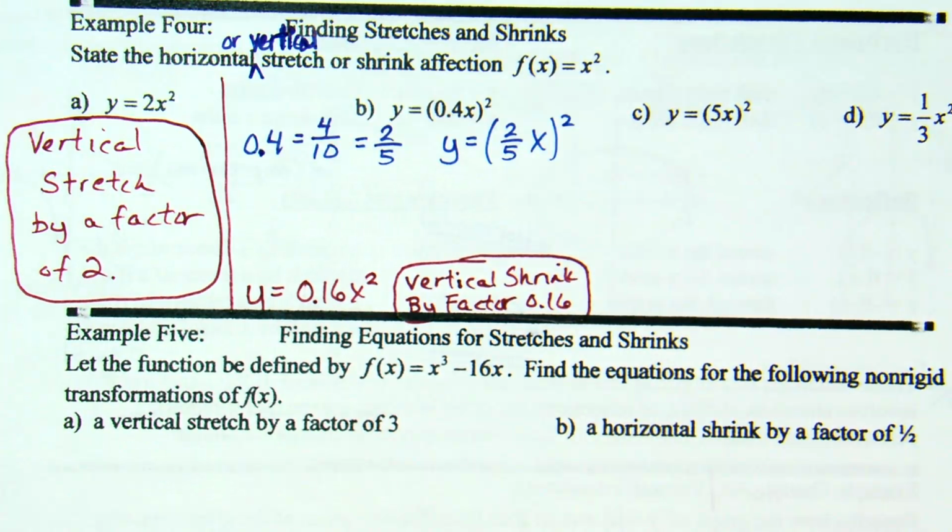No. Multiplying by 2/5 is not equivalent to dividing by 2/5. The reciprocal? Okay, so my point here, I can rewrite this. Multiplying x times 2/5.